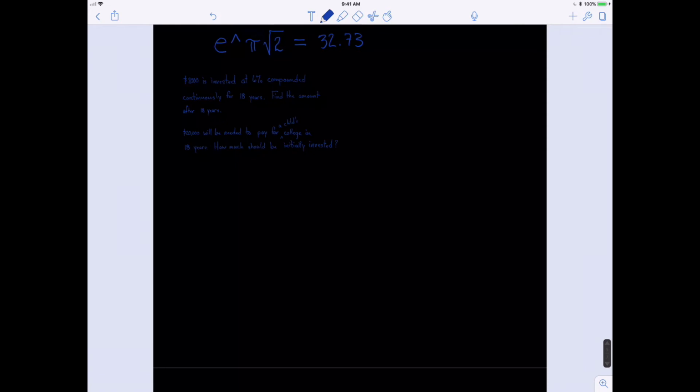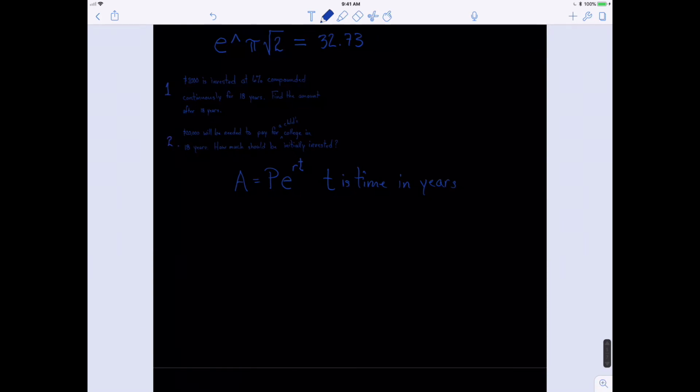So the formula is this. The formula is the amount you're going to need equals the principal times e raised to the interest rate times t, where t is time in years. Just like we talked about in compound interest, t is time in years. All right. So for this first problem, we'll just label this one 1 and this one is 2.